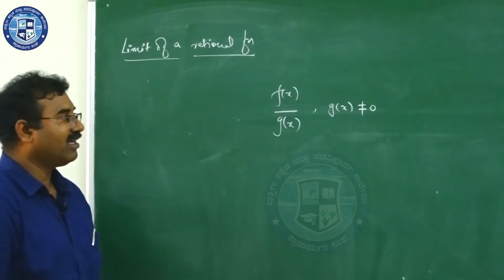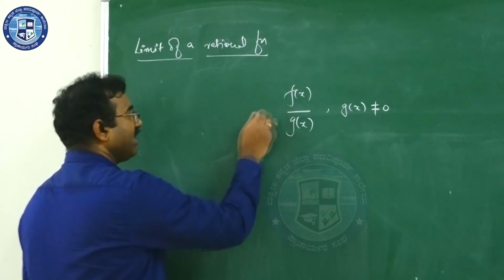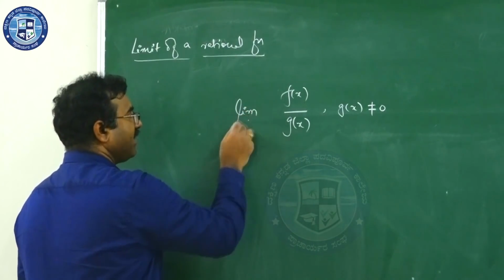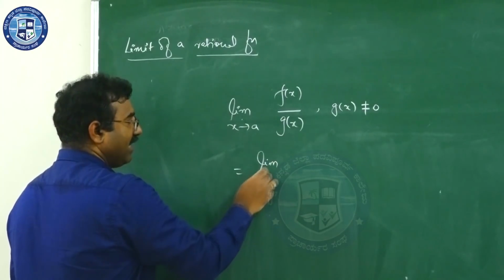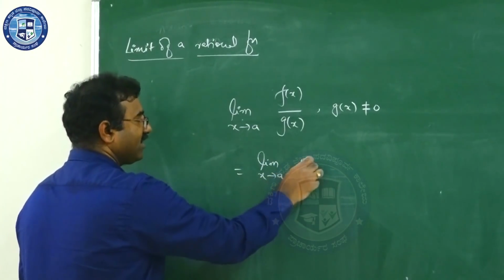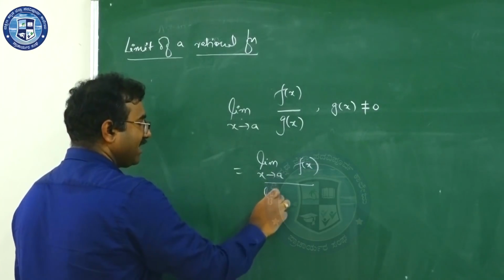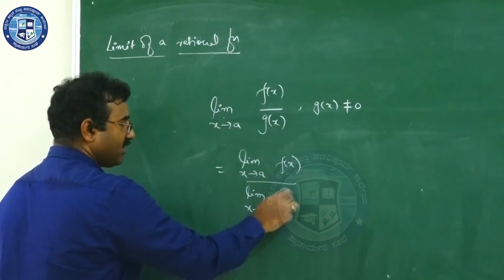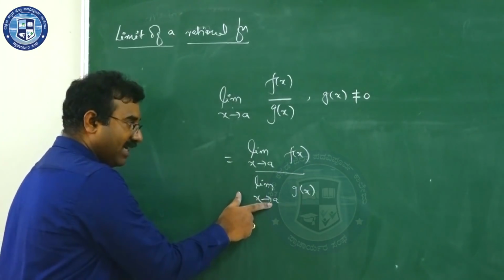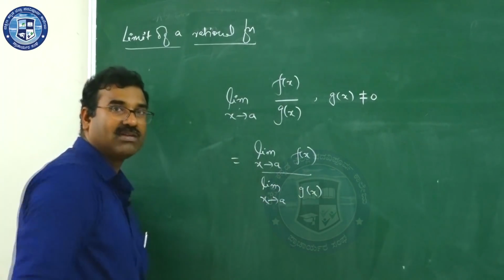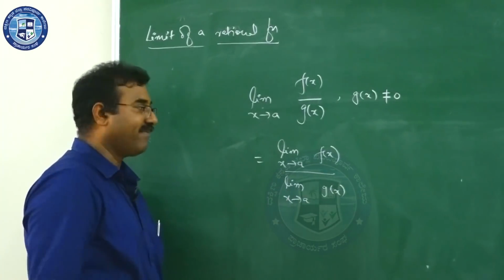Whenever you have rational functions, you need to find their limit. Suppose limit x tends to a, then what we do? We apply limit x tends to a of f(x) and limit x tends to a of g(x). But you have to see that limit x tends to a of g(x) should not be 0. If it is 0, we can't identify this.